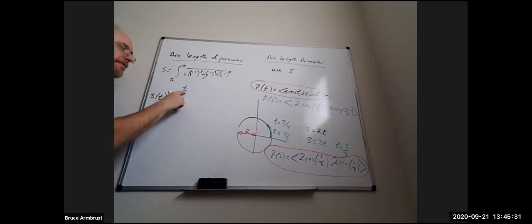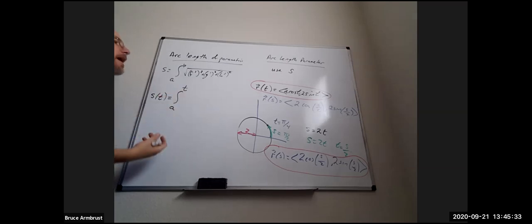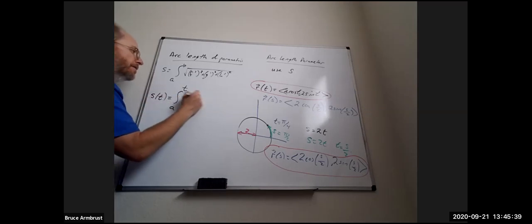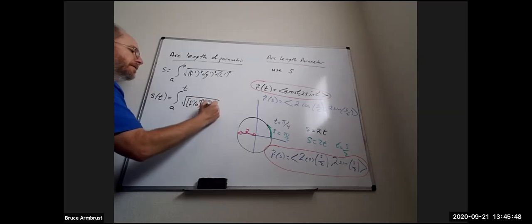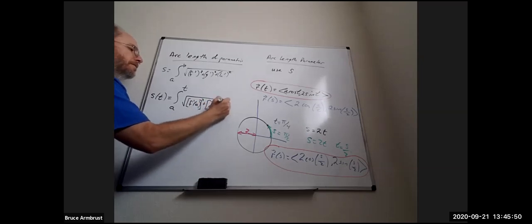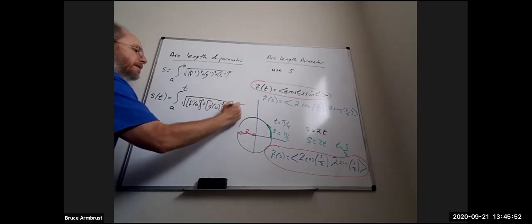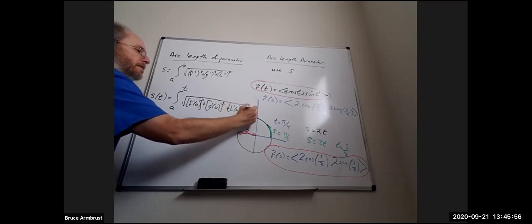But we're going to leave that variable so that we'll know how far we've traveled given a certain amount of time that's elapsed. And then in here goes the square root of f prime of u, I'll explain that u in a second, squared, plus g prime of u squared, plus h prime of u squared du.